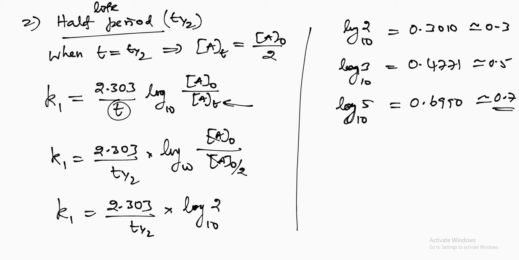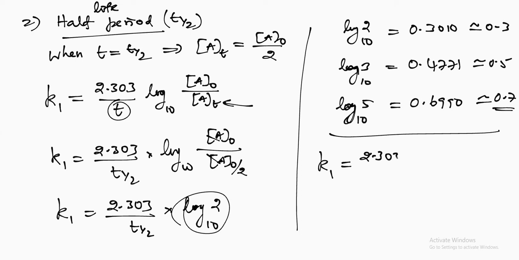Now students, see here we have log 2. The value of log 2 is 0.3010. So K1 equal to 2.303 times 0.3010 over T half.